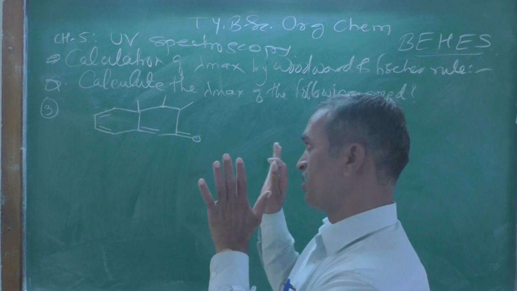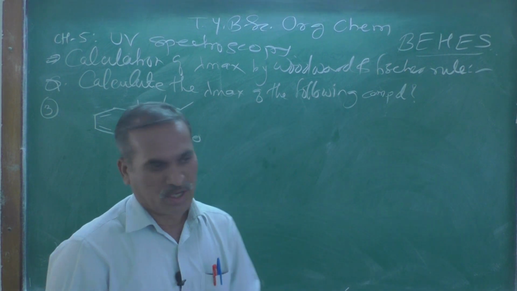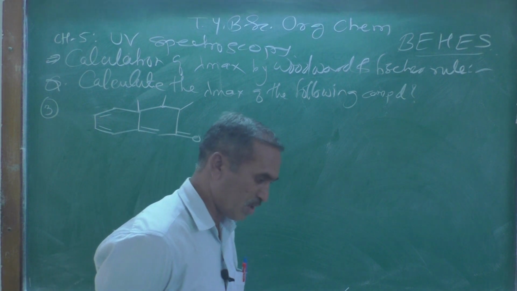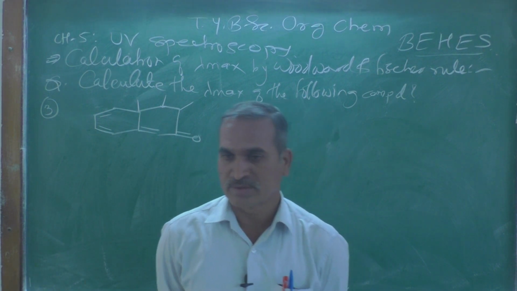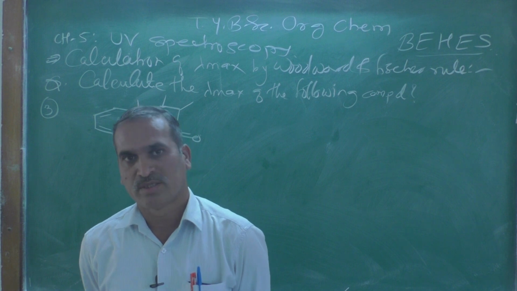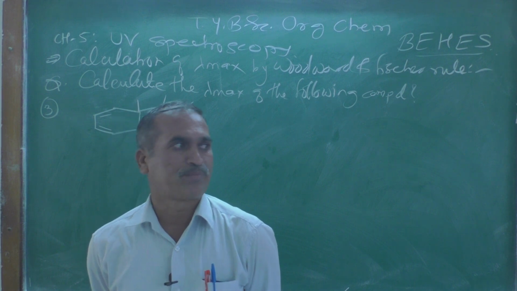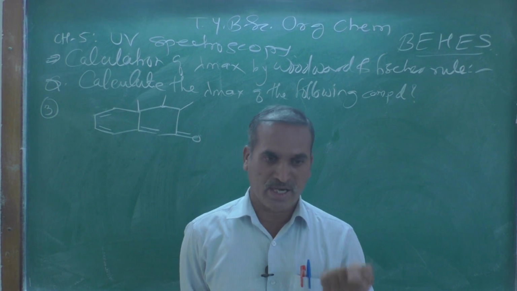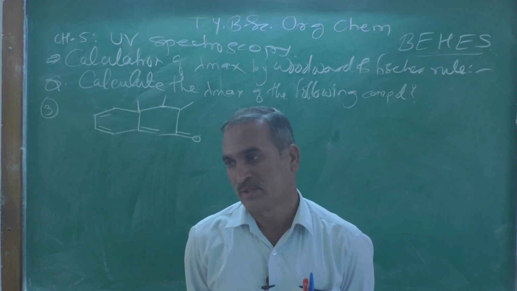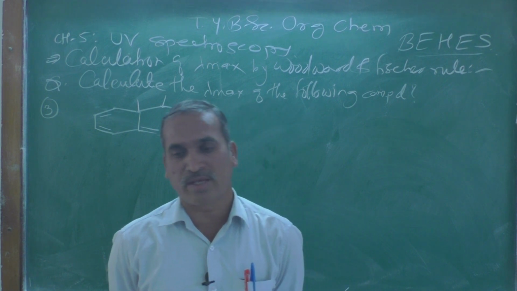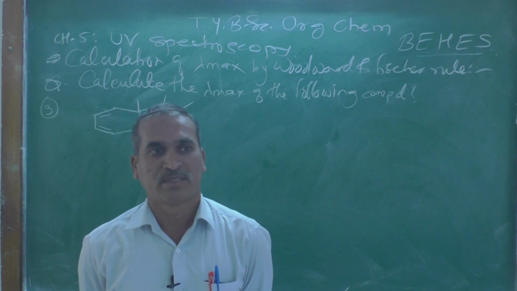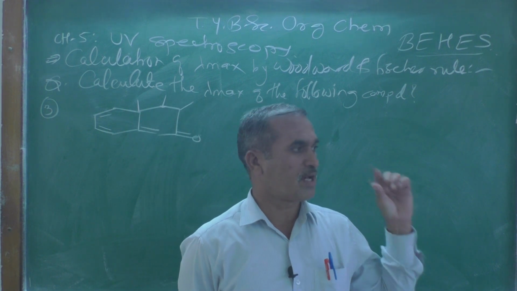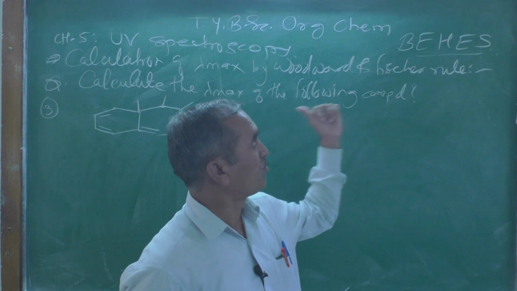This is the structure. As we know, when solving such problems, first of all remember that when the problem is based on UV, lambda max means you have to calculate the lambda max of that particular organic compound. For calculating lambda max, these are the points required.